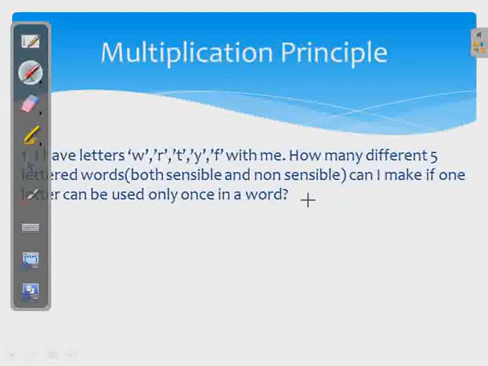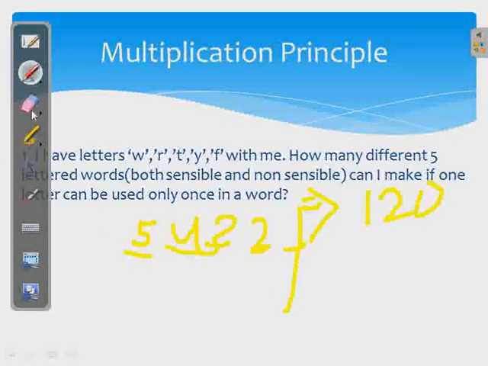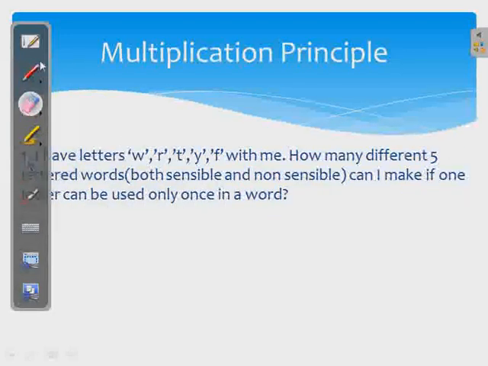Okay, so this has answer 120, and I already showed why, because it is 5 times 4 times 3 times 2 times 1. And one interesting thing is that we have a notation, like we have plus notation, we have minus notation.